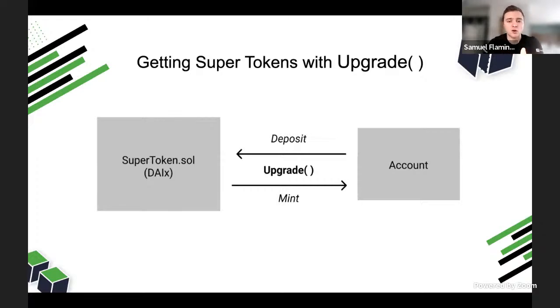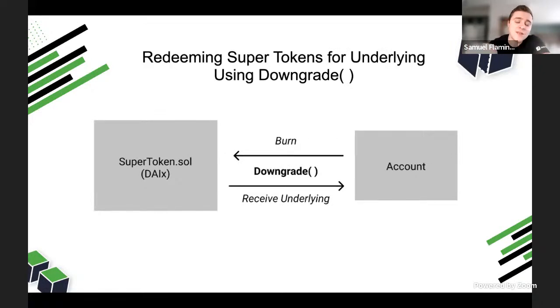You can very simply call upgrade, which will mint you super tokens in a one-to-one correspondence with how many tokens you'd like to wrap. So if you call upgrade with 5 DAI, you get 5 super token DAI minted to you in return. And if you ever want to redeem that super token DAI for the underlying asset, you can very easily hit downgrade, burn those super tokens, and get your underlying ERC-20s back out of that contract.